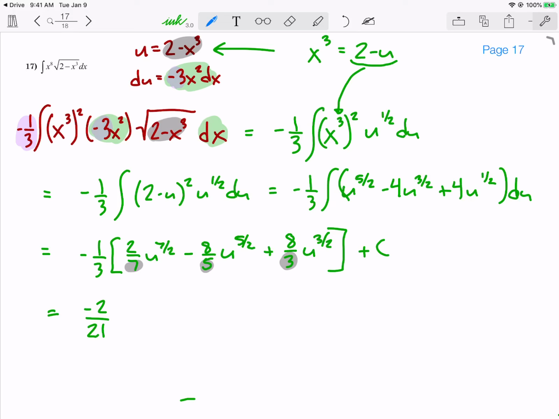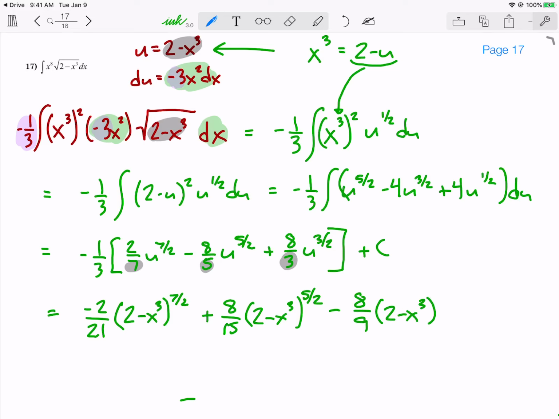Negative 2 over 21. Replace u, it's (2 minus x cubed) to the 7/2. So I'm just distributing the negative 1/3. Plus 8 over 15, (2 minus x cubed) to the 5/2. Minus 8 over 9, (2 minus x cubed) to the 3/2. Plus c.